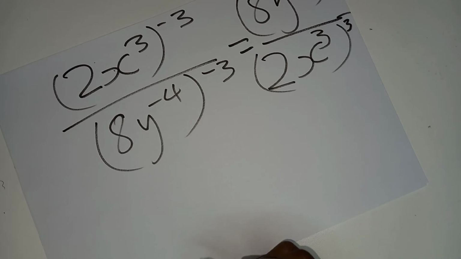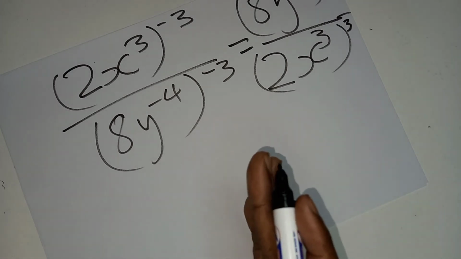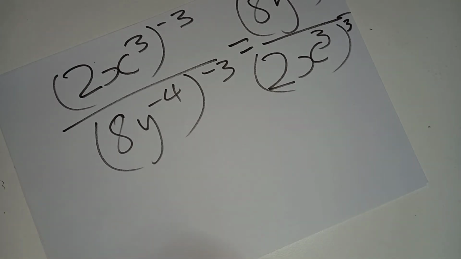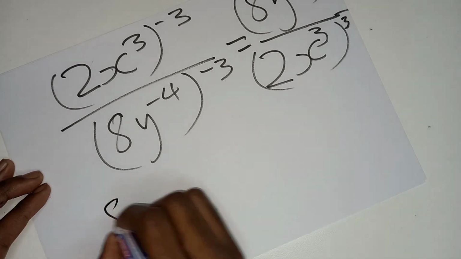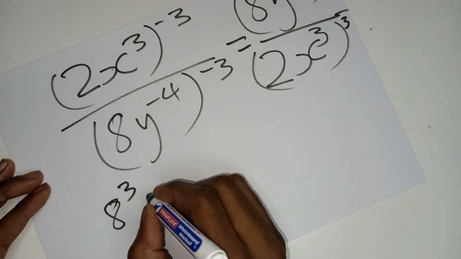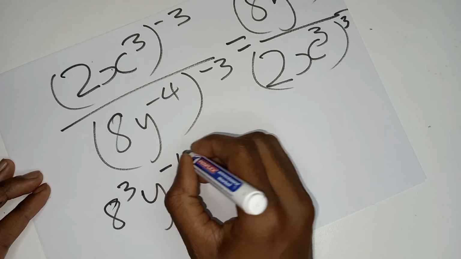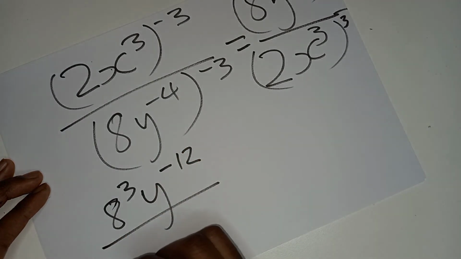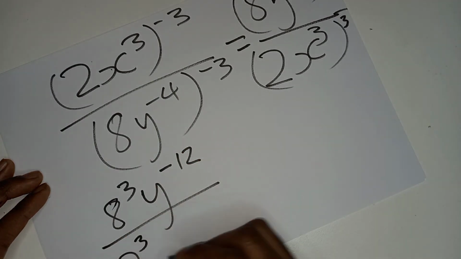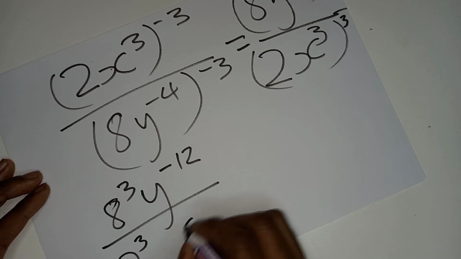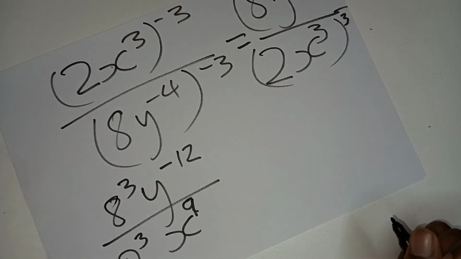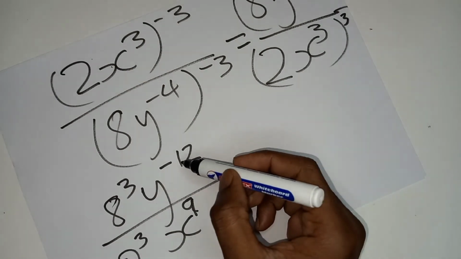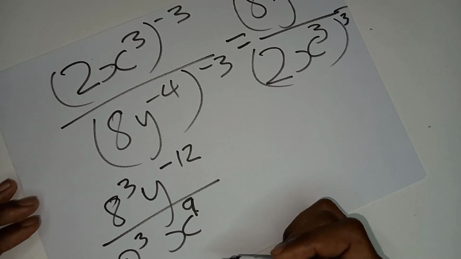Let's simplify. What you're going to get here is an answer that is a bit complicated, a bit weird sometimes, but let's soldier through. If I multiply this in, I will have 8 to the exponent of 3 by y to the exponent of negative 12 divided by 2 to the exponent of 3 by x to the exponent of 9, right? Same thing. And then the negative exponent, I move down to the bottom.